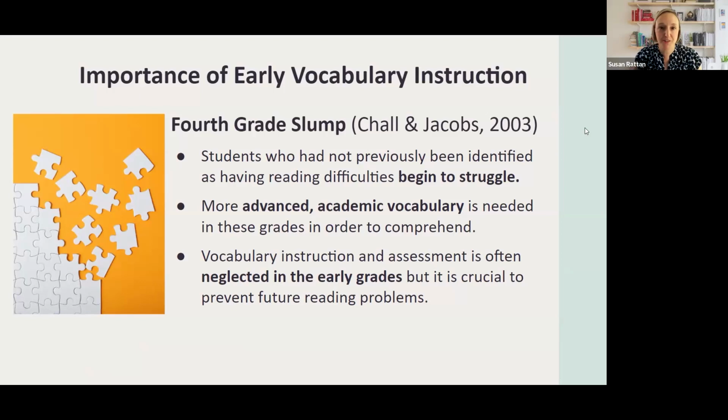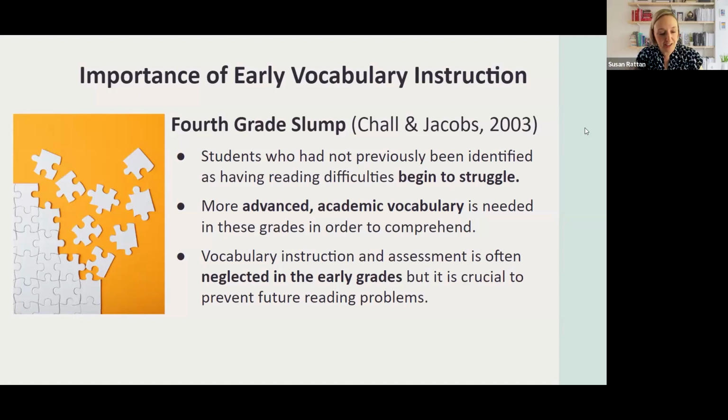And part of the reason for this is that around this time, the texts that students are reading contain more advanced academic vocabulary. And if they don't have that strong knowledge base of vocabulary before they get there, they're really going to struggle to comprehend what they're reading. So if you don't know what a lot of the words mean in the text you're reading, it's going to be hard to understand.